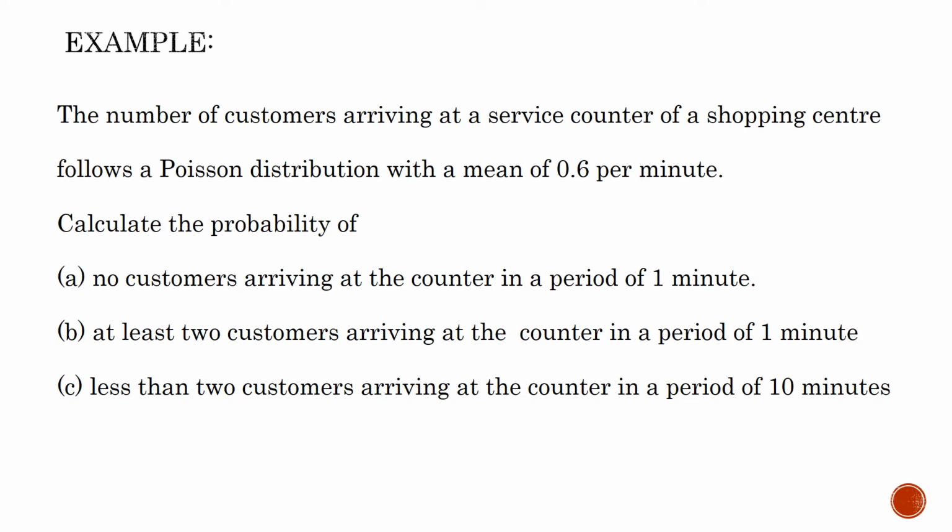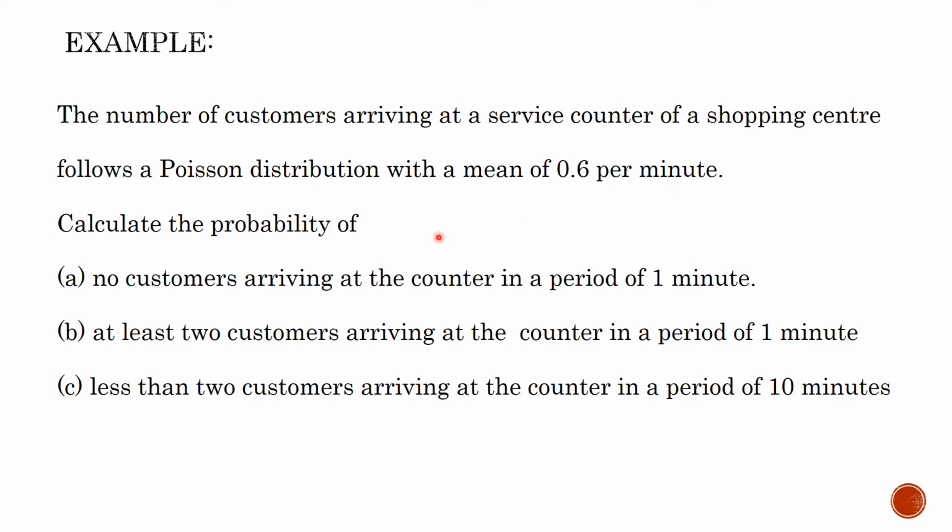Let's look at the example. The number of customers arriving at a service counter of a shopping center follows a Poisson distribution with a mean of 0.6 per minute.